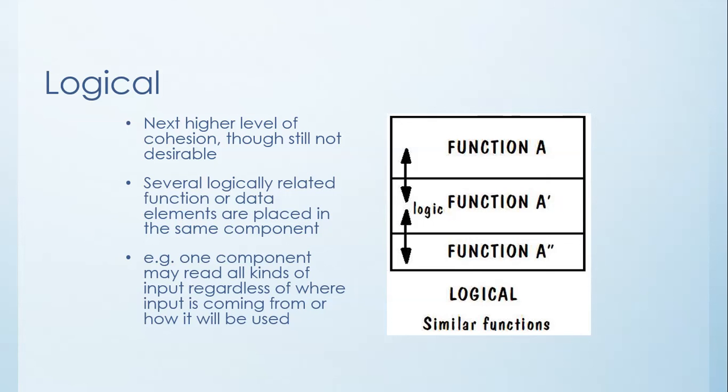So perhaps in a power flow analysis problem, we group all of the functions that add things, where one is adding some random complex numbers, one is adding two matrices on a bus, one is adding, I don't know, regular old-fashioned point values, but because all of these things are doing addition, we group them together because they're performing the same kind of function, even though in different application areas.